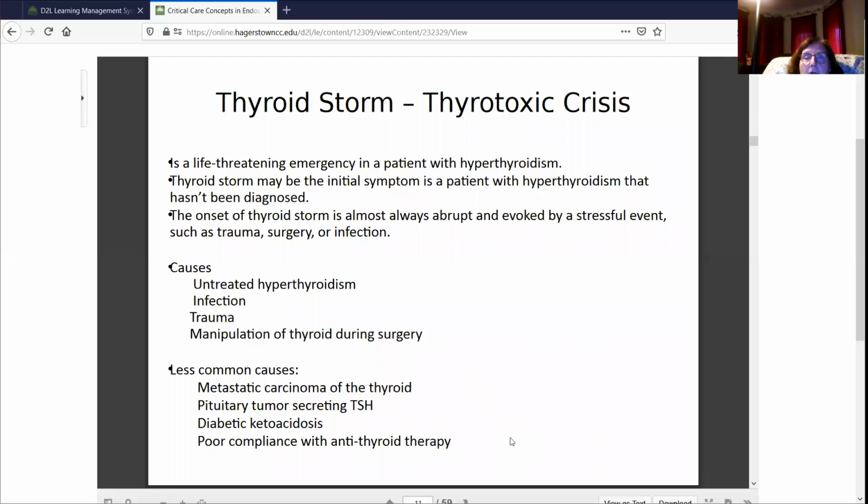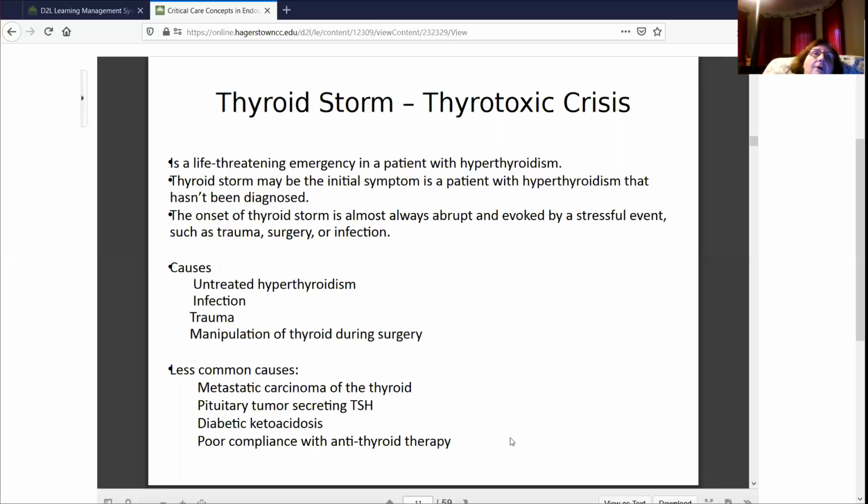It's a life-threatening emergency in a patient with hyperthyroidism. It may be the initial symptom in a patient with hyperthyroidism that hasn't been diagnosed. The onset of thyroid storm is almost always abrupt and evoked by a stressful event, such as trauma, surgery, or infection. Causes: untreated hyperthyroidism, infection in the area, trauma, manipulation of the thyroid during surgery.